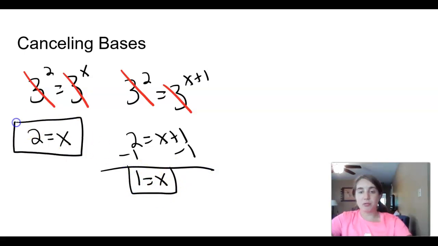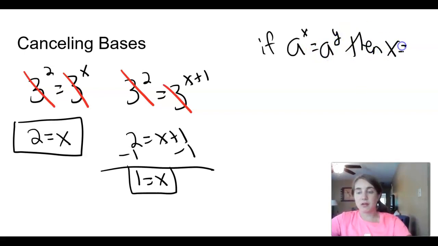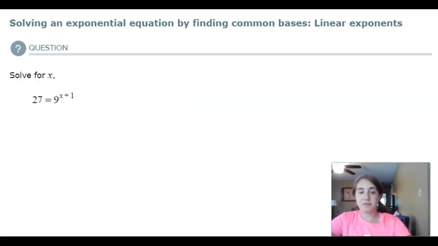The overall rule, which we're going to keep in mind as we continue: if our bases are the same, then our exponents have to be equal.